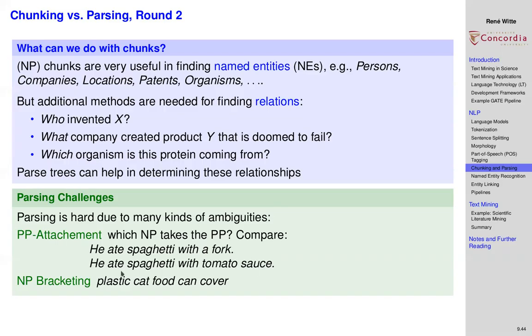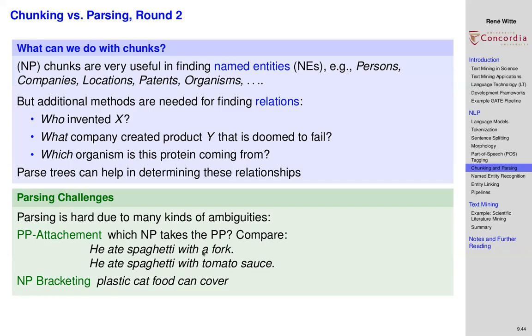In this case here, what he is eating is spaghetti with tomato sauce. But in the first sentence, he is not eating spaghetti with a fork. That would mean he would be eating the fork, which is, well, not so healthy, I suppose. And if you look online, these are just two examples of half a dozen similar examples that all have the exact same beginning.